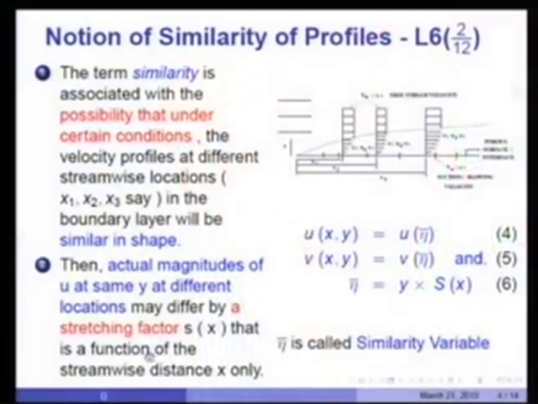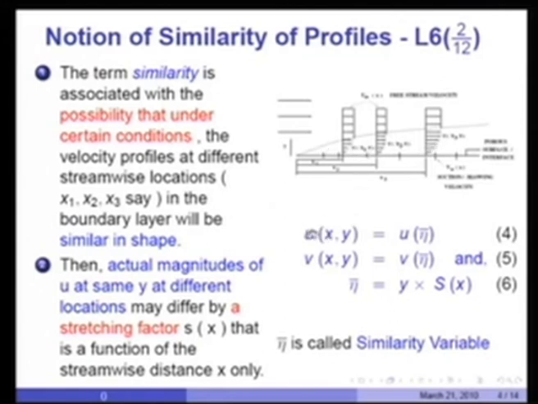It means that the actual magnitudes of u at some y at different locations would differ simply by a stretching factor s, that is a function of streamwise distance x. In other words, if the physical value of y at each location were stretched by s as a function of x, then it is quite possible that the velocity profiles would collapse on each other.